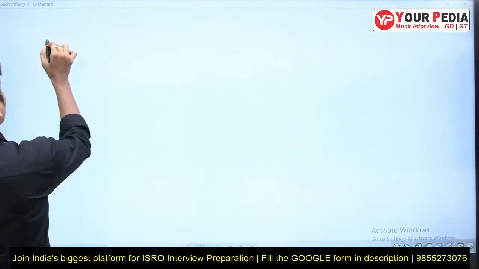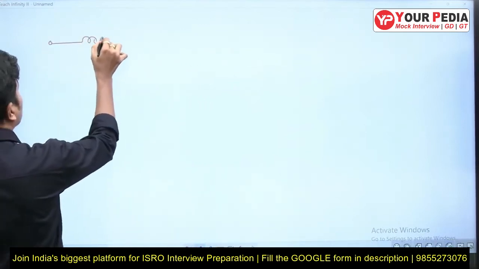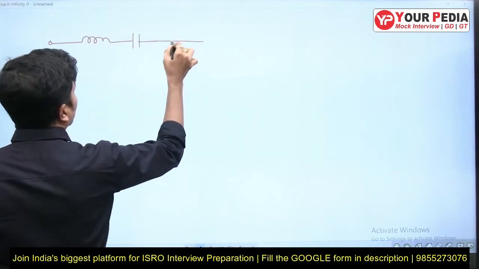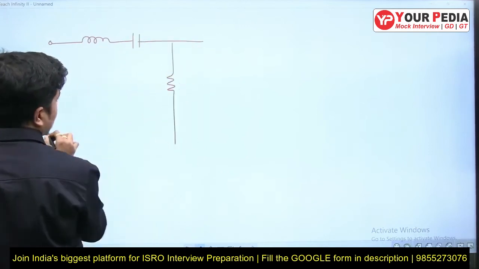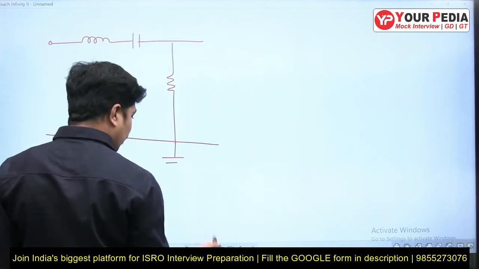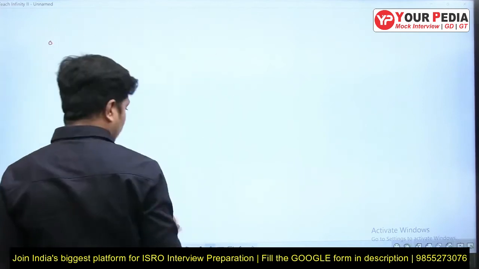Suppose instead of taking the voltage across the inductor and capacitor as the output, the voltage across the resistor is taken as output. You can take the same diagram, why get confused?